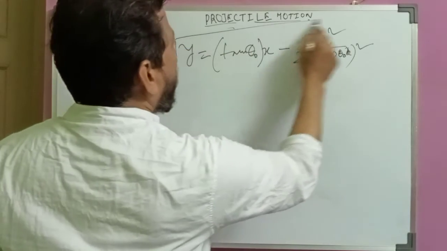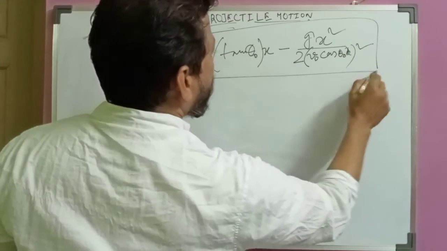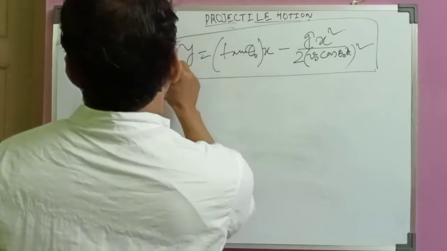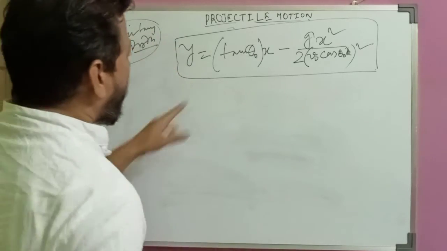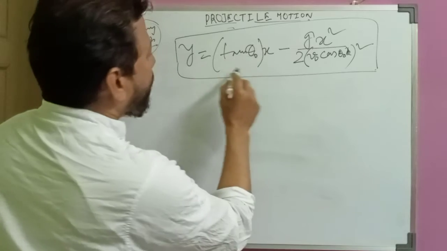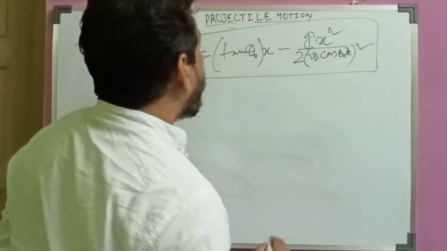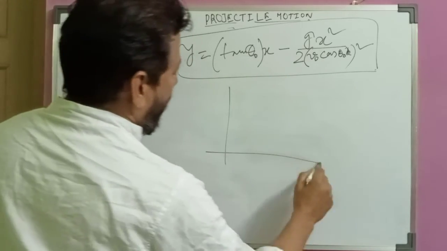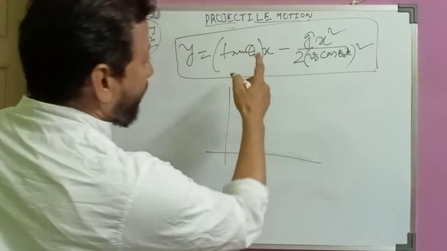So this formulation is applicable to the trajectory path, and we can do the numericals applying this formula. My question is how this comes.